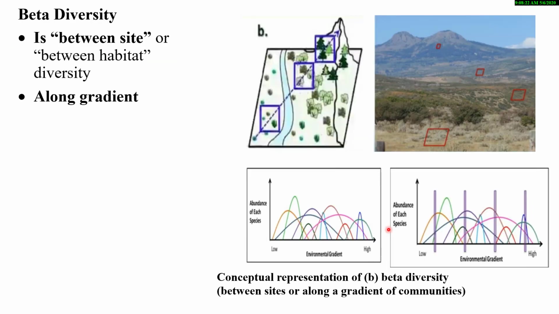Let us look at beta diversity. Beta diversity is between sites or between habitats. So when we are looking at the beta diversity, here we are comparing usually diversity between two different sites, site A and site B. We can also represent beta diversity as diversity across different environmental gradients.